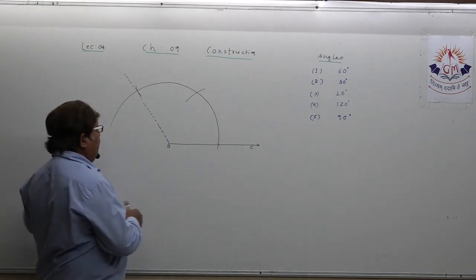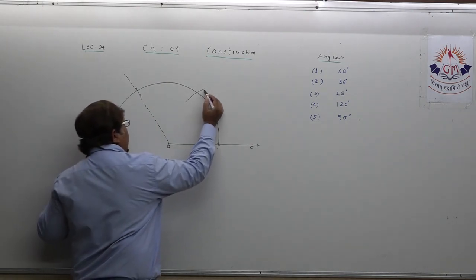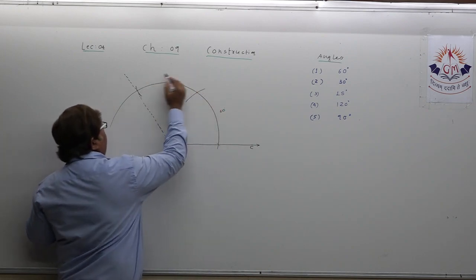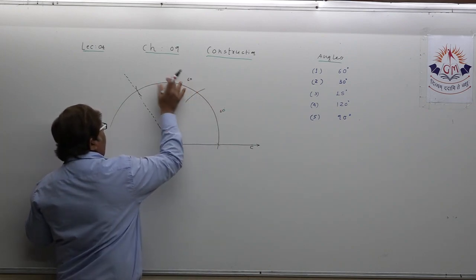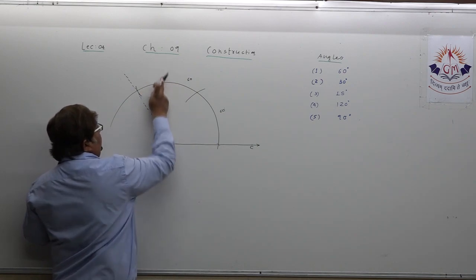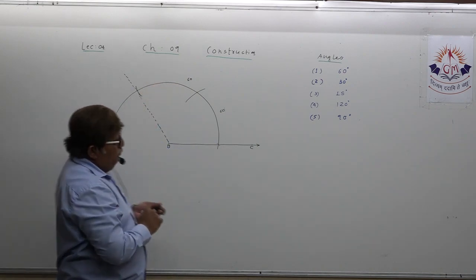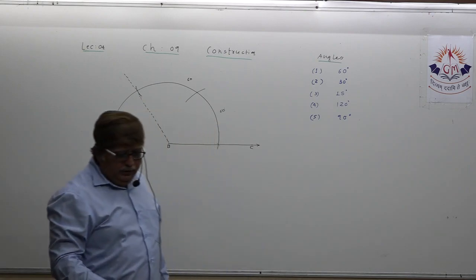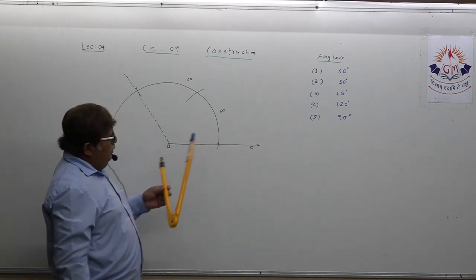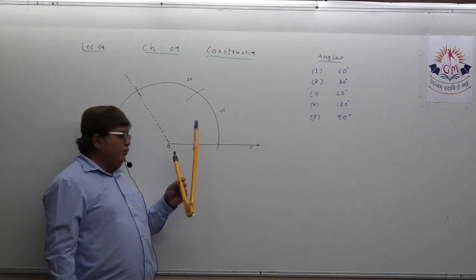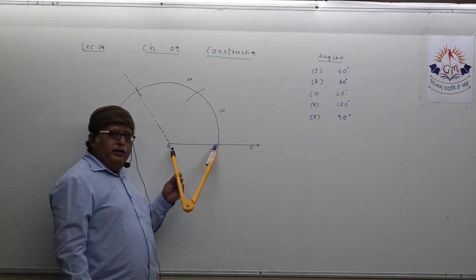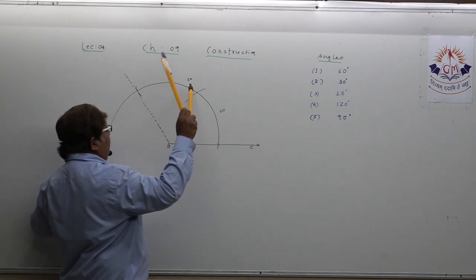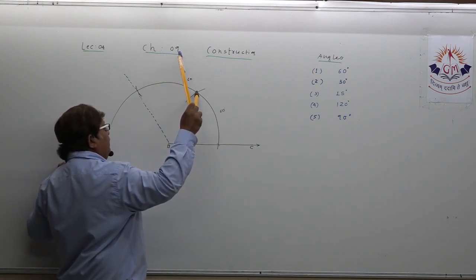See, dear student, how you should understand? 60 degree. This is another 60 degree which we are going to bisect. Understand? So what you should do is that taking the same radius which you have taken, centering compass at 60 degree.